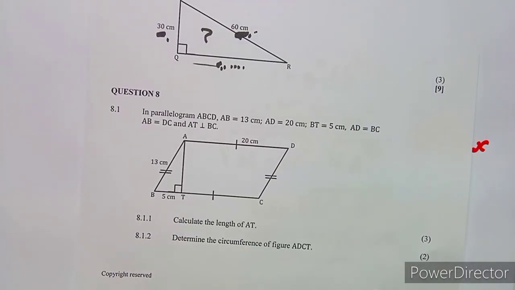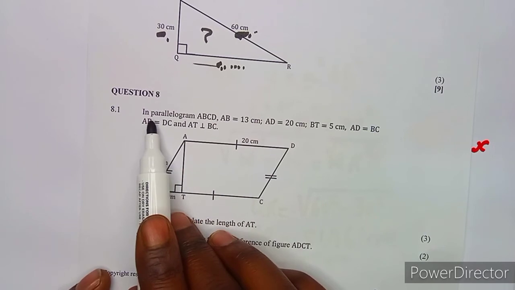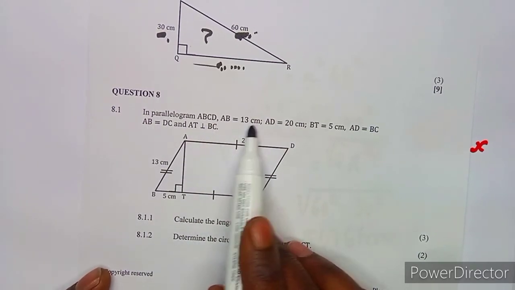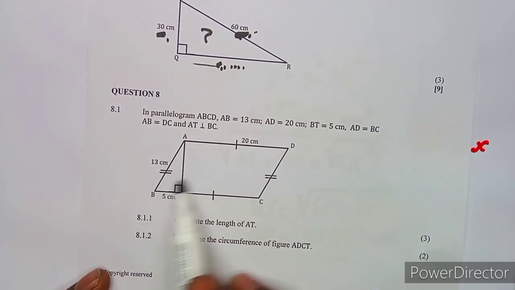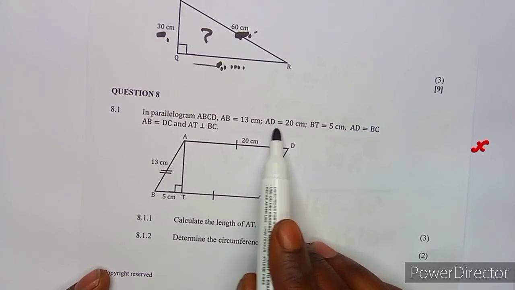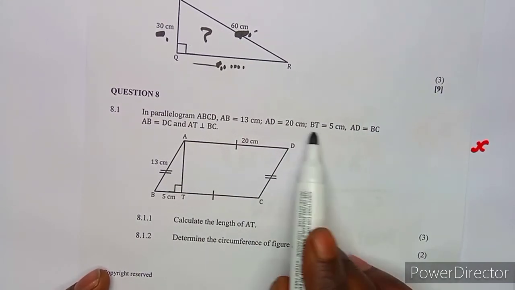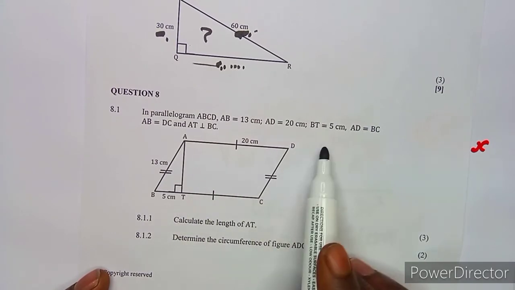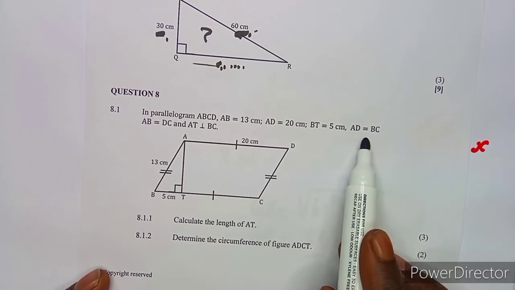Then on question 8, we are given that in the parallelogram ABCD, AB is 13, and we are given AD, which is 20, and AD is equal to BC.